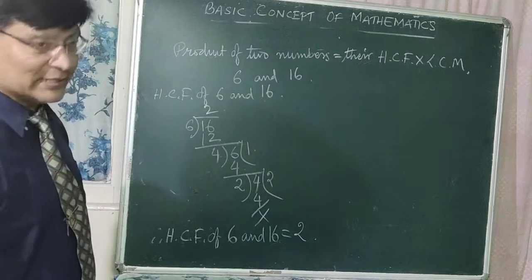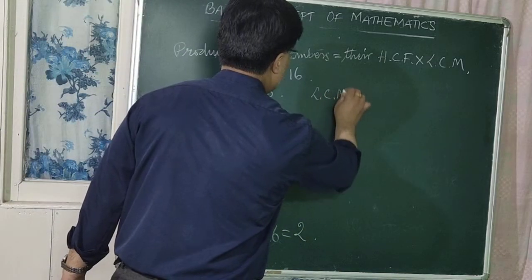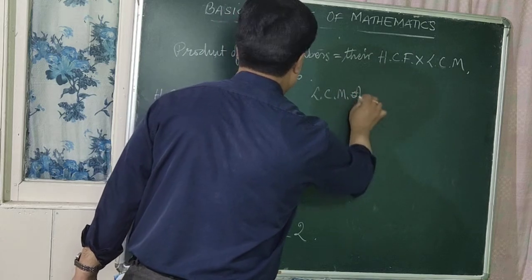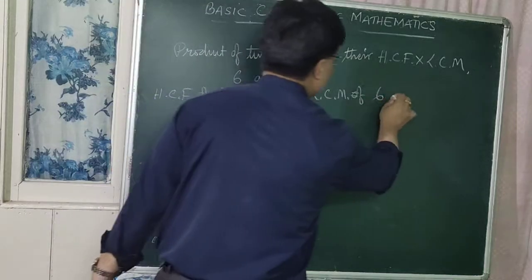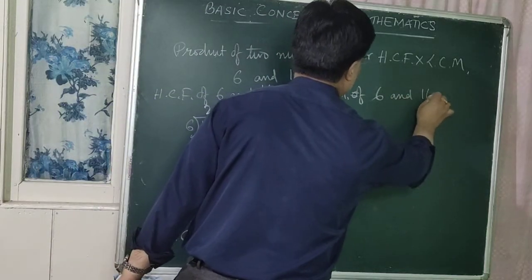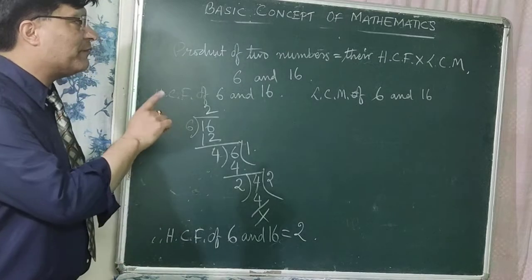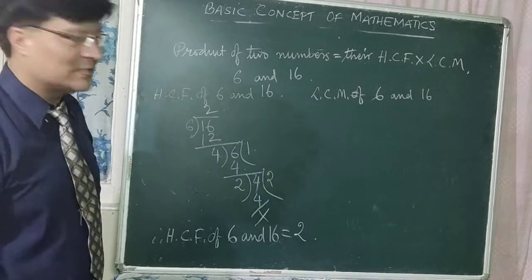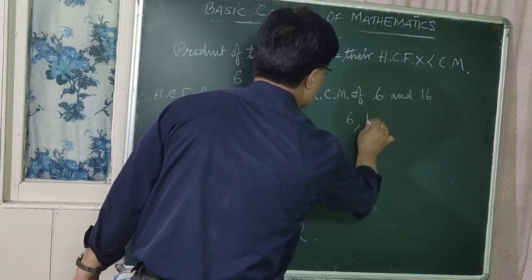Now let's find out the LCM. So the LCM of 6 and 16. Let us find it. 6 and 16.